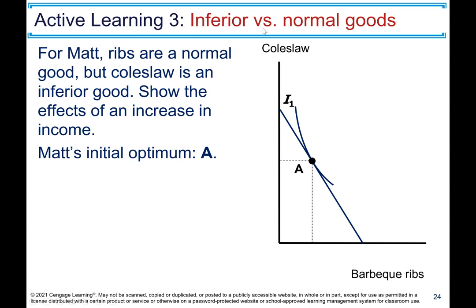Active learning 3: inferior versus normal goods. For Matt, ribs are a normal good, but coleslaw is an inferior good. Show the effects of an increase in income.